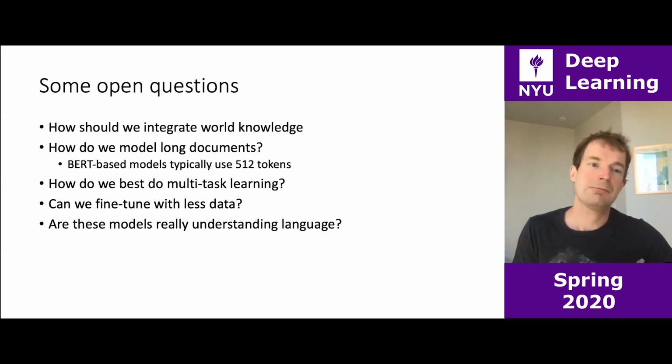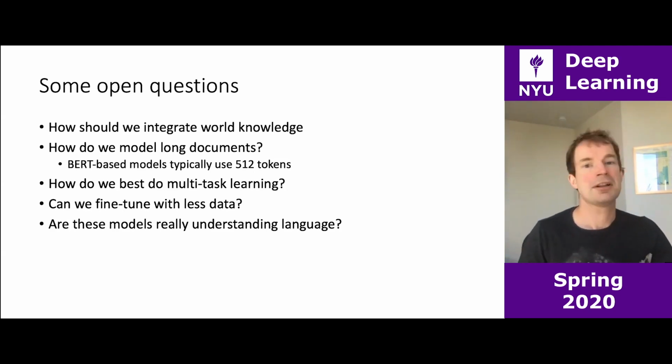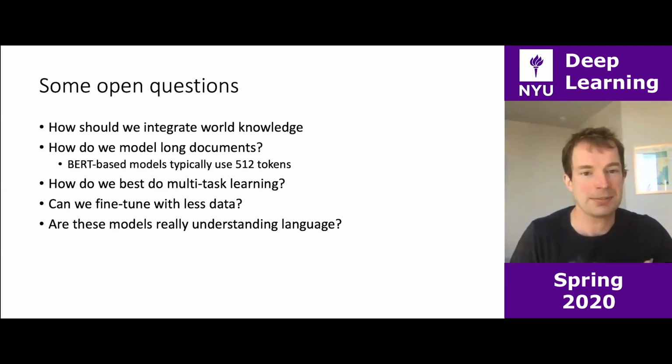Related to that, we basically get human-level performance on any task where you have, say, 100,000 labeled examples to learn from, but can we build models that do well with 1,000 or 10 or 1 labeled examples? And finally, people raise the question of whether these models are actually understanding language or are just really good at beating benchmarks.